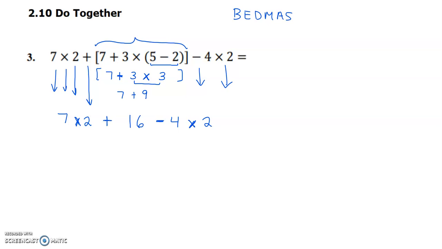So what we're going to do is the multiplication first, because multiplication comes before adding and subtracting. So we can do 2 multiplications at the same time. So we're going to do 7 times 2 is 14, and 4 times 2, which is 8.